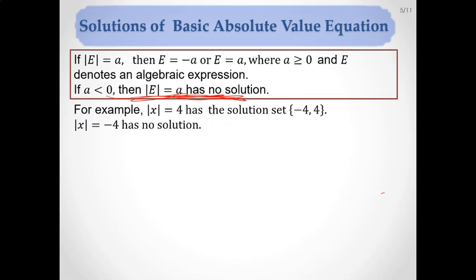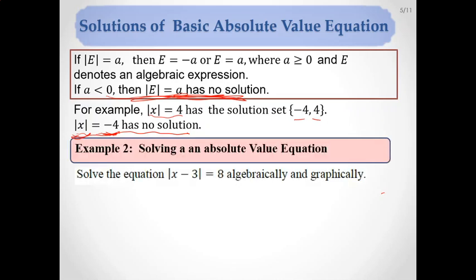Now, for example, the absolute value of x equal to 4 has two solutions, minus 4 and 4. But if the question is to find the solution of the absolute value of x equal to minus 4, it has no solution because absolute value cannot be equal to a negative number by its definition.